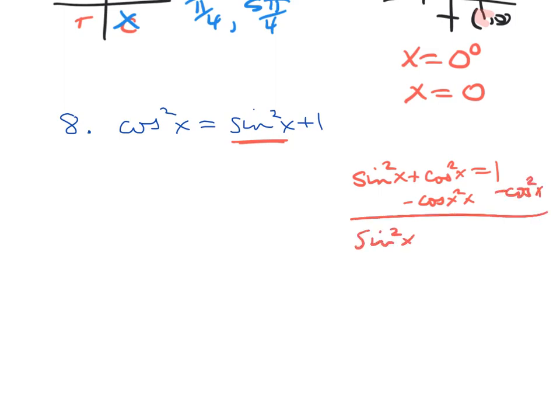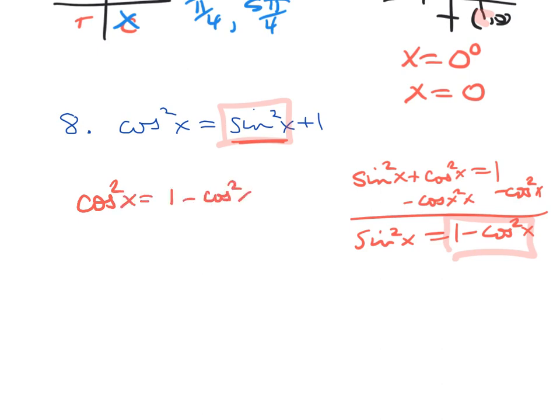Sine squared x equals 1 minus cosine squared x. So I'm going to take out this, and I'm going to put this in its place. So cosine squared x equals 1 minus cosine squared x plus 1. The plus 1 is still there.